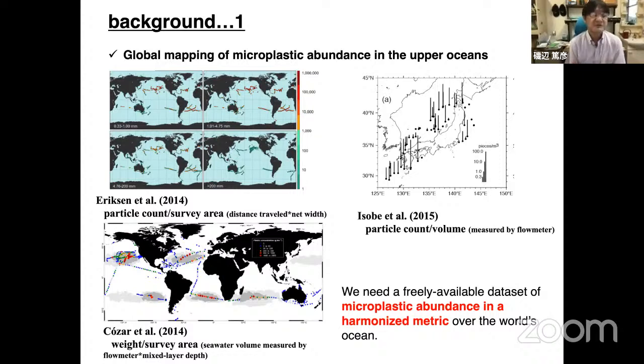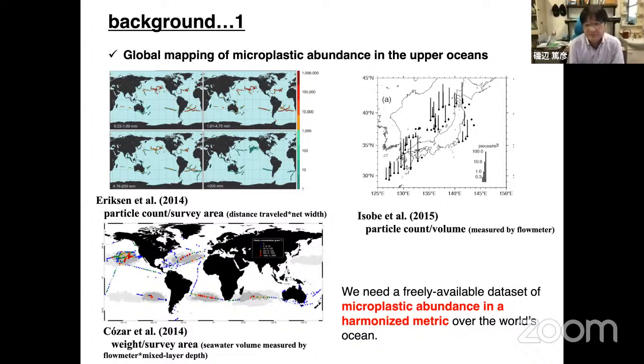But it's difficult to compare or synthesize these datasets because they use different metrics or different units. For example, Eriksen provided his data as particle count per survey area, and Cózar showed weight per survey area, and in addition, their meanings of the survey area are different.